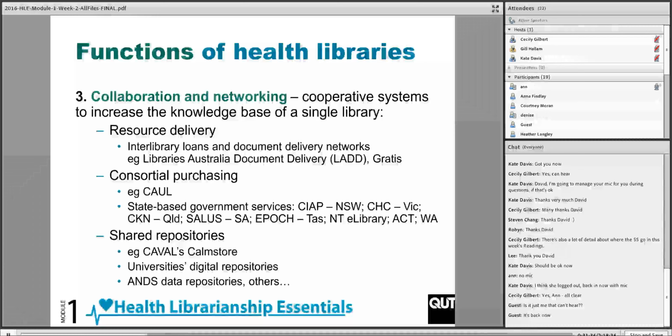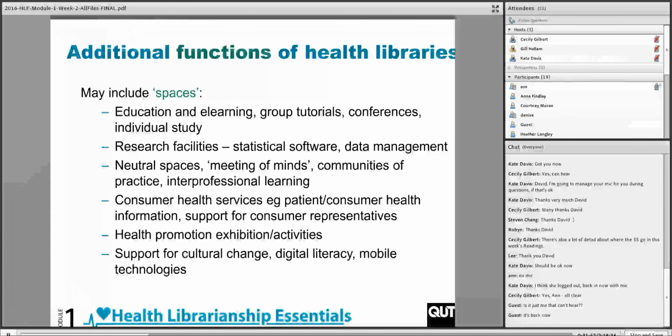The third area that I want to move on to, oh no, I've got some additional functions here, because there's a huge emphasis now on what we do with our library spaces, and library spaces have been under threat because space is very valuable, especially if you're in a departmental library in the CBD, and somebody will look at that space and say, we're paying so much per square metre, couldn't those collections be stored off-site?